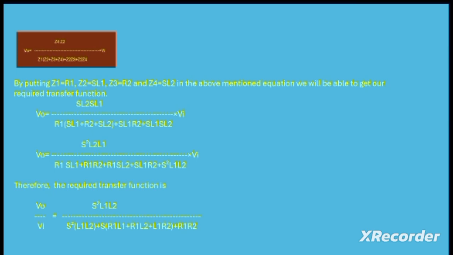R1 R2 will be our constant value, and the other terms will have the variable S. So this is how we will find the transfer function of the RL circuit.